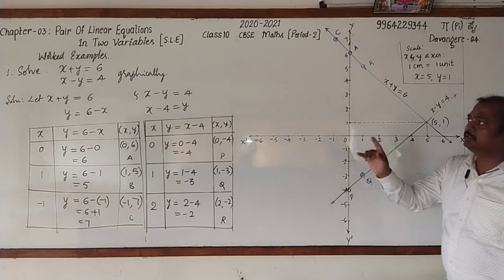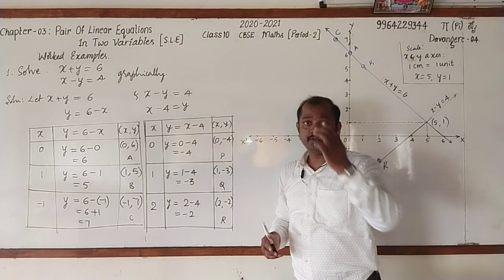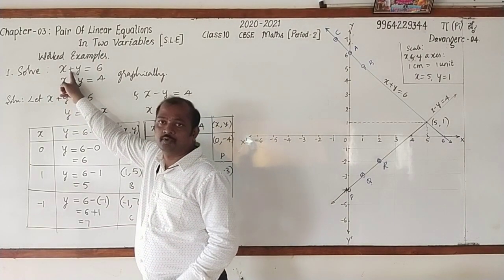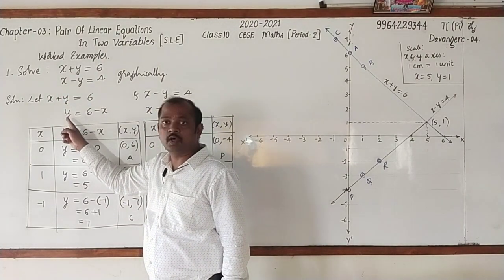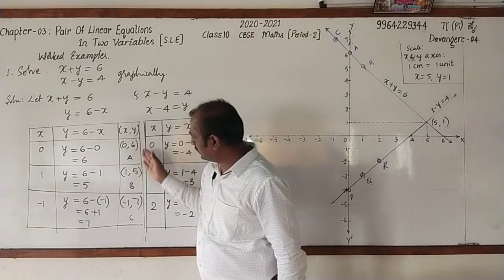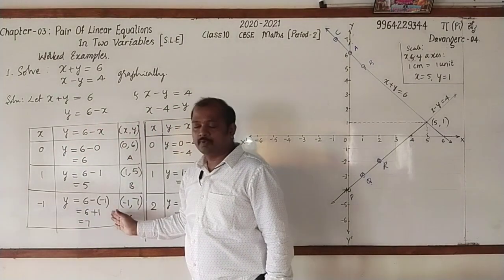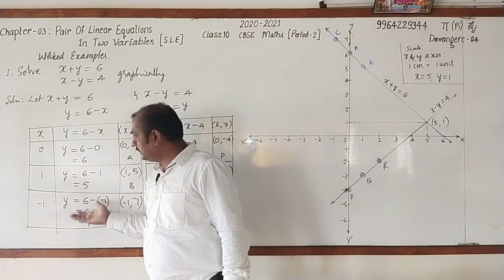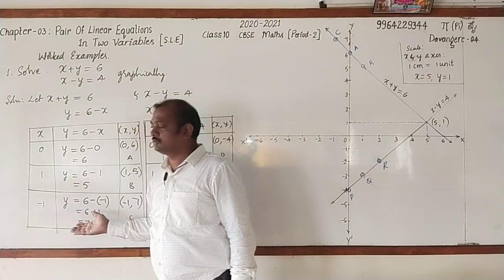Got it? Yes. Dear students, in your notebook, first you have to copy this one. Write the first equation and solve y. Find out the coordinate points and let it be in table only, because it will be easier for your calculation.